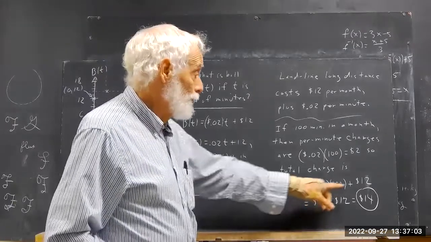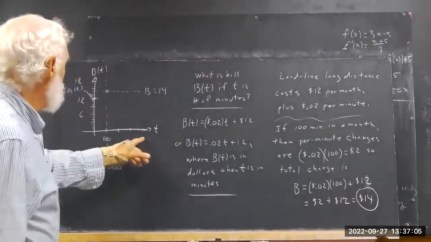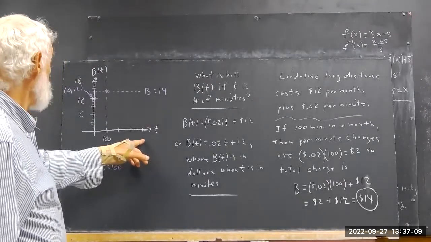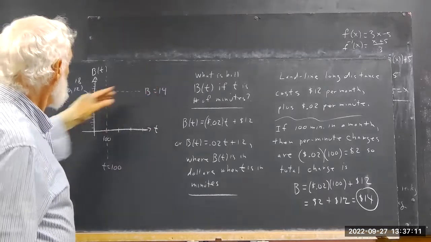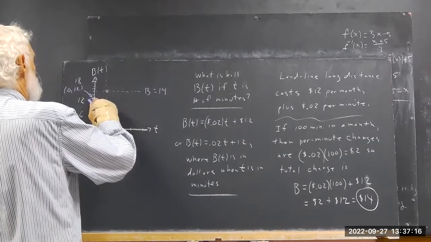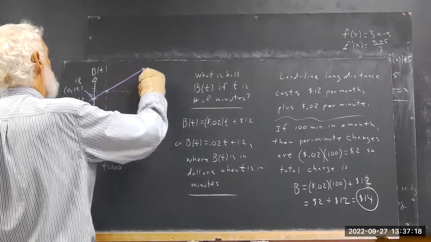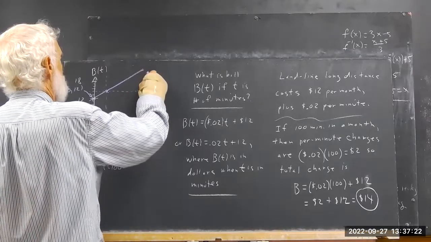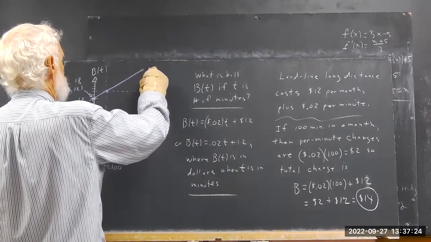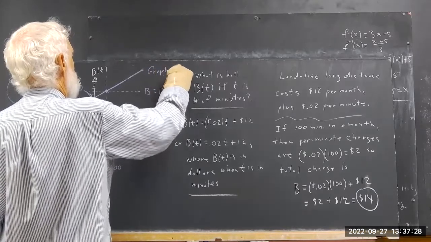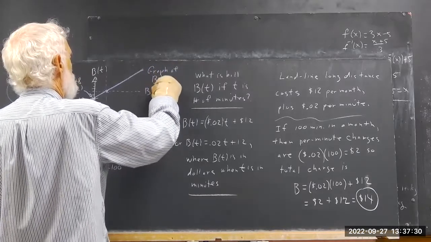And you get $8.12, and you have the point 400, up about here. Well, that's going to lie in a straight line. Now, this is not going to be a completely accurate graph, but right there we have it. Okay, so here is the graph of B.